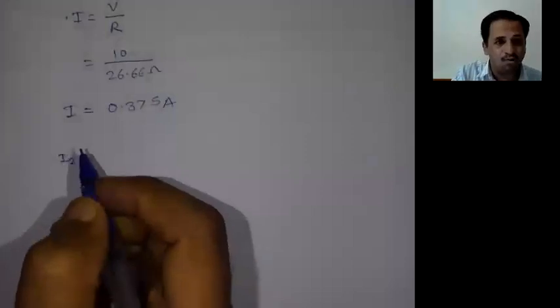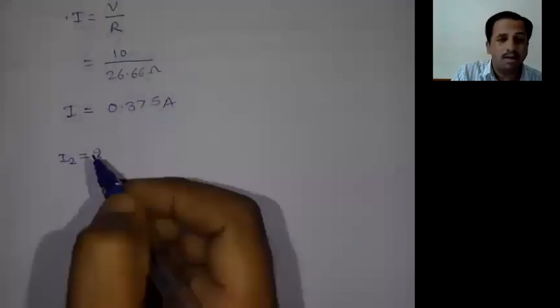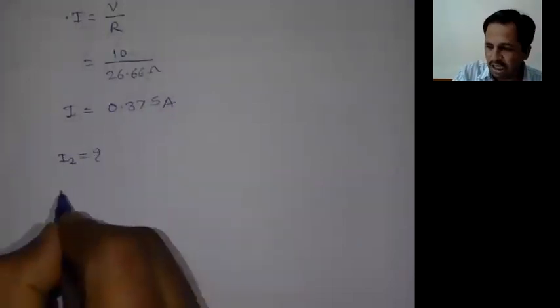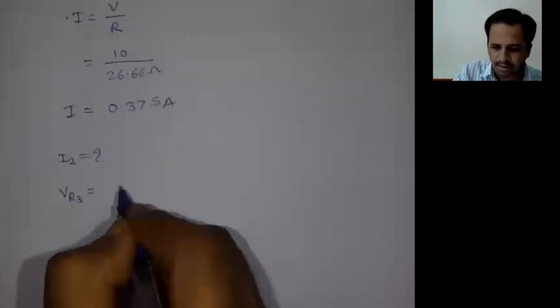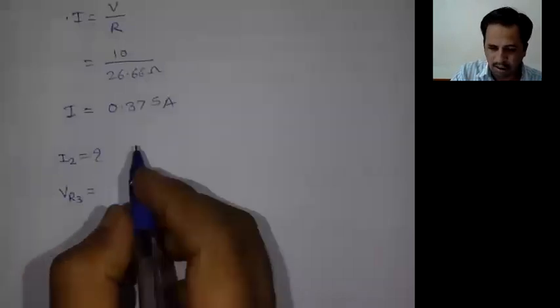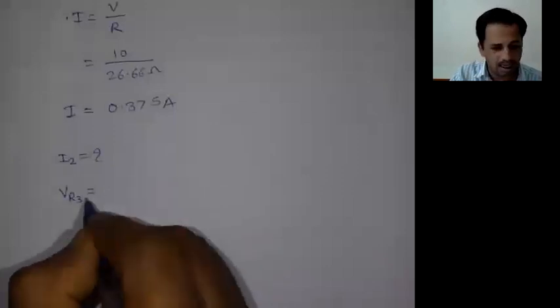Now to implement Ohm's law, we use the voltage across this R3 resistor, VR3.